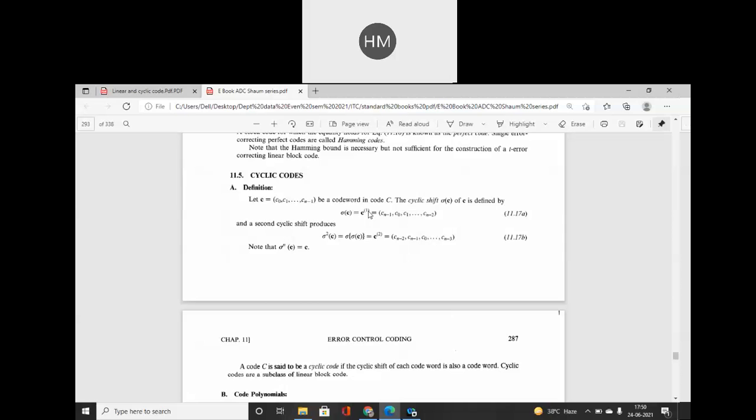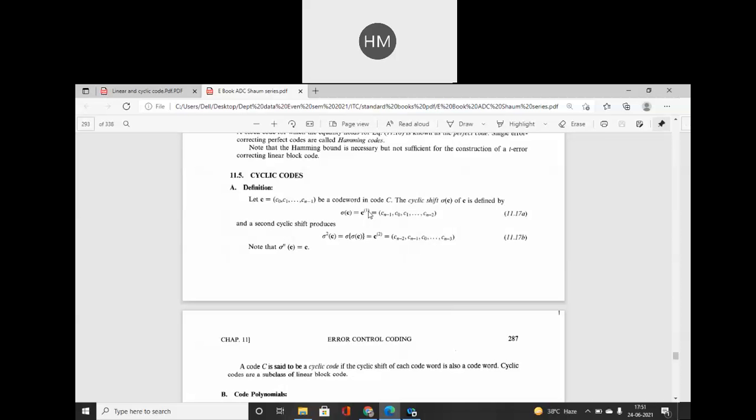Now one more change we can do right now. By adding the codes you can get another code. Now by shifting the code, if you can get another code from the list, then it is known as cyclic codes.